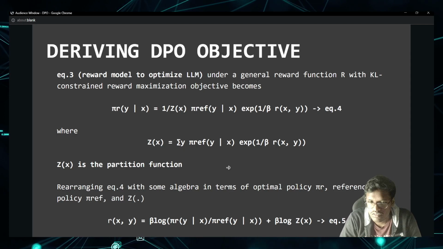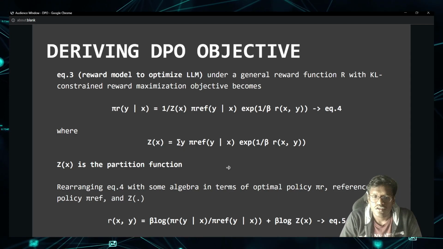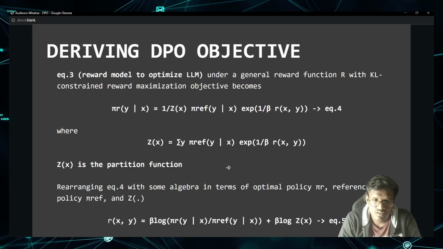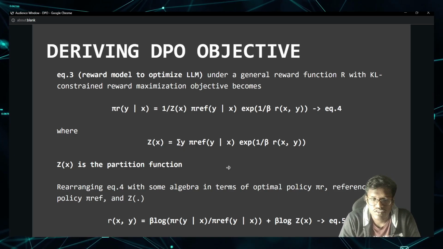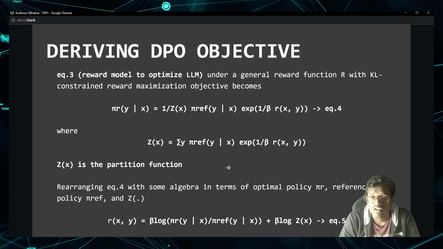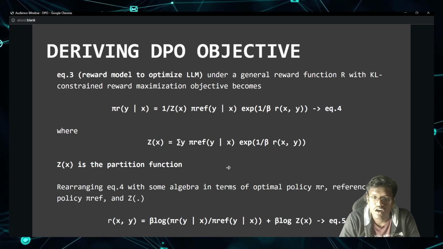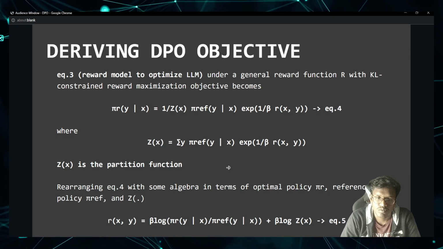Okay, so here it is your equation number 4. Here is where we'll start with deriving the DPO objective. Okay, so here the z of x will be summation over y, pi ref of y by x, exponential of 1 by beta into r of x comma y.